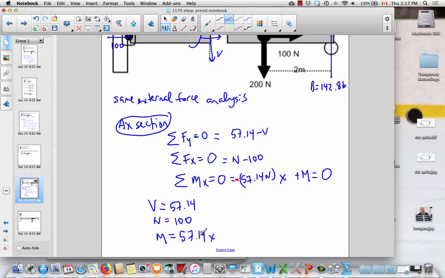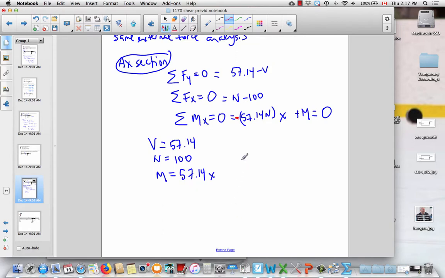So that's why this ends up being a positive number. Just to finish this off, let's note that the moment increases as we get further from the pin, because it varies directly with x.